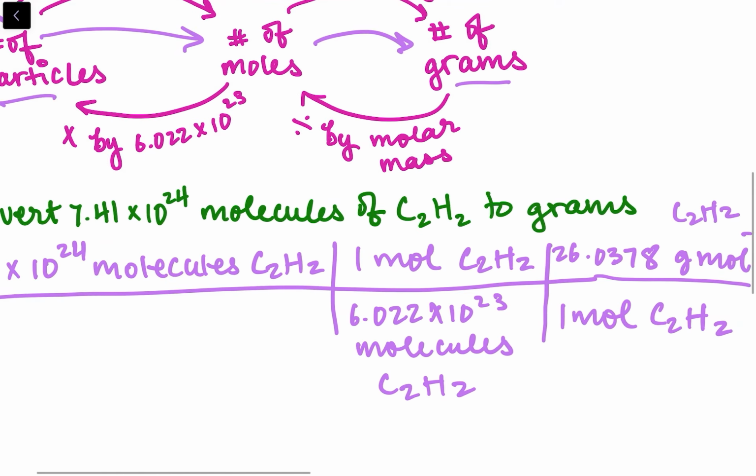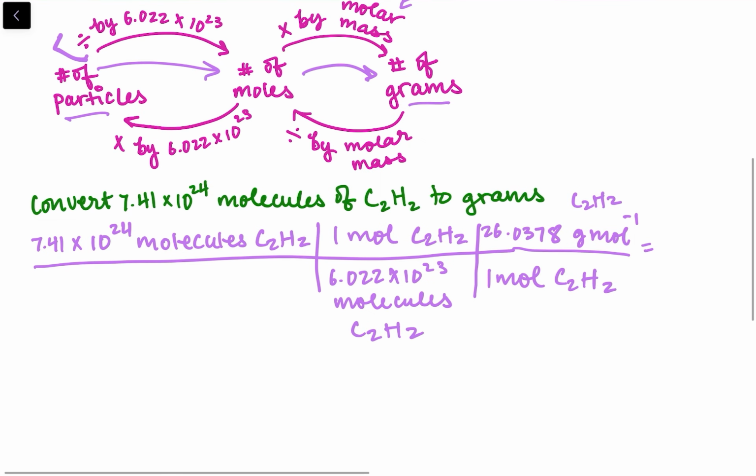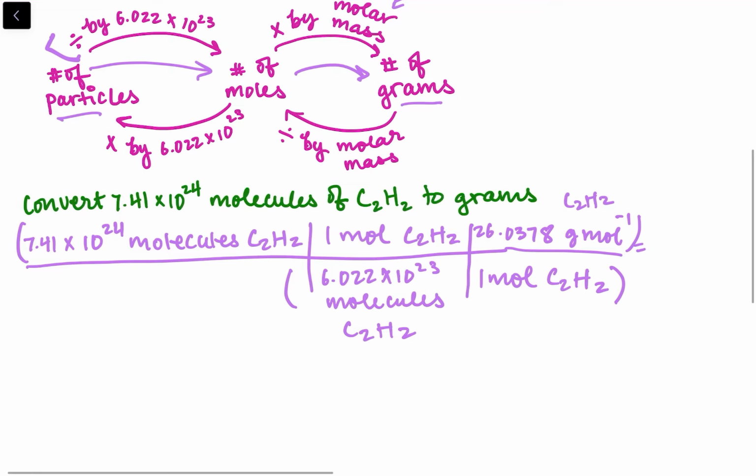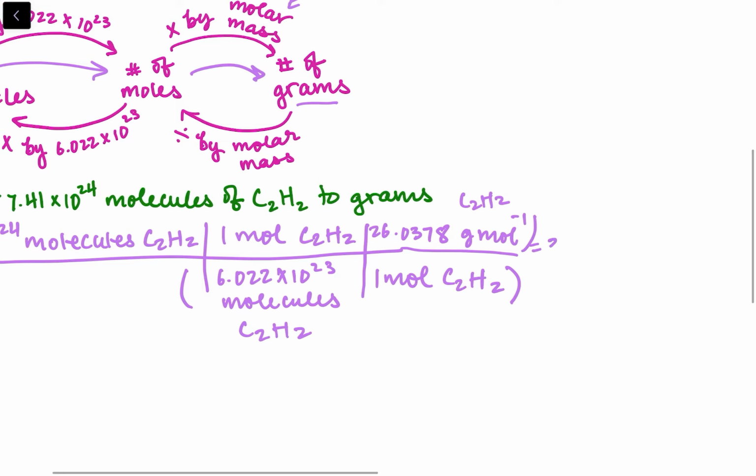Once you multiply the entire numerator, multiply the entire denominator, and then divide the numerator by the denominator, you should get about 320 grams of C2H2.